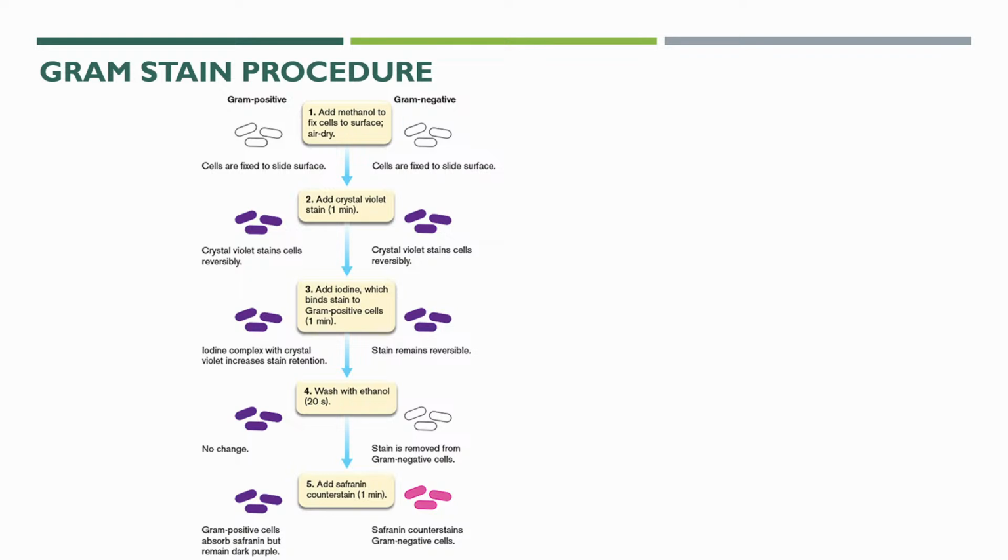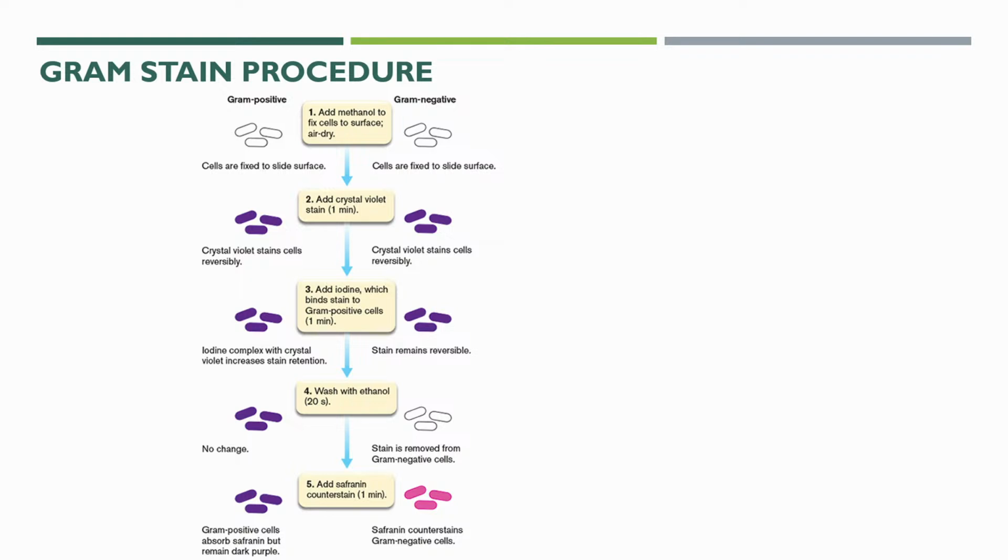In gram-negative cells, you can add the iodine. It's not going to wash off the purple stain because iodine is no other color, it's just clear. But because of the cell wall differences, here the purple stain stays reversible. So it's locked in when you add the iodine into the gram-positive cells, but it becomes reversible when you add the iodine to the gram-negative cells.